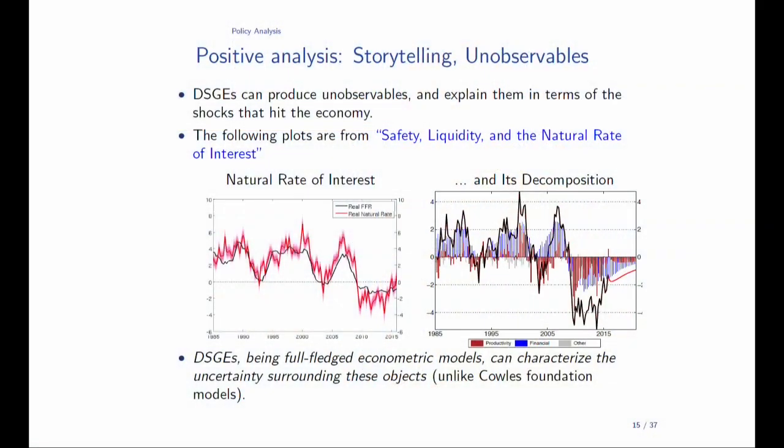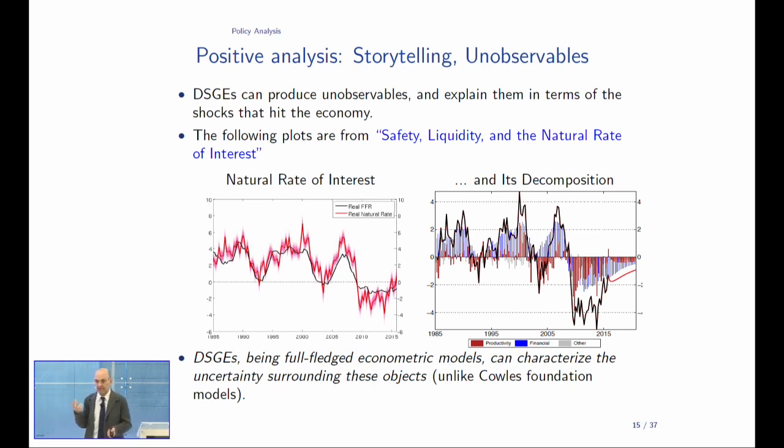Right. The other thing, as I was saying, is that the DSGE interprets the data using identified, interpretable shocks, but also has objects that are of interest to policymakers, such as the natural rate of interest or the output gap, that are latent. That is, you don't see the natural rate, you don't measure it. NIPA doesn't produce it.